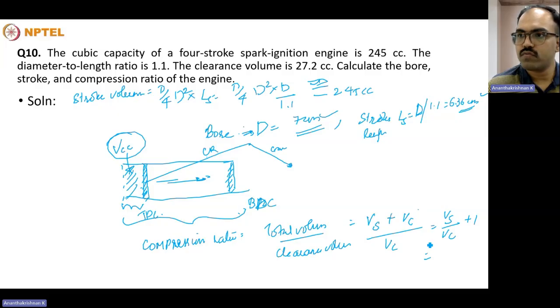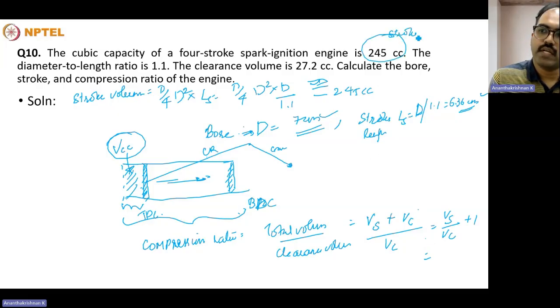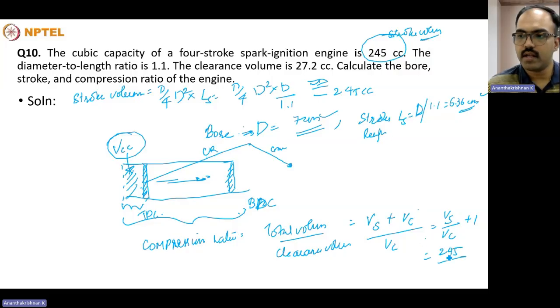We know the cubic capacity of the four-stroke engine is given as 245. This is actually the stroke volume. It doesn't deal with the total volume. So 245, we already know.